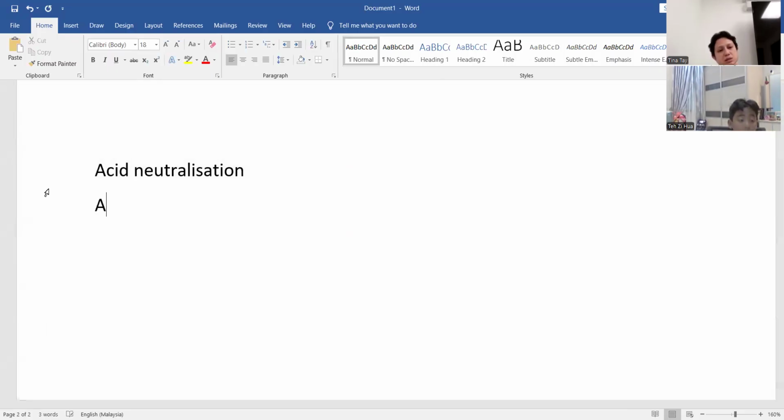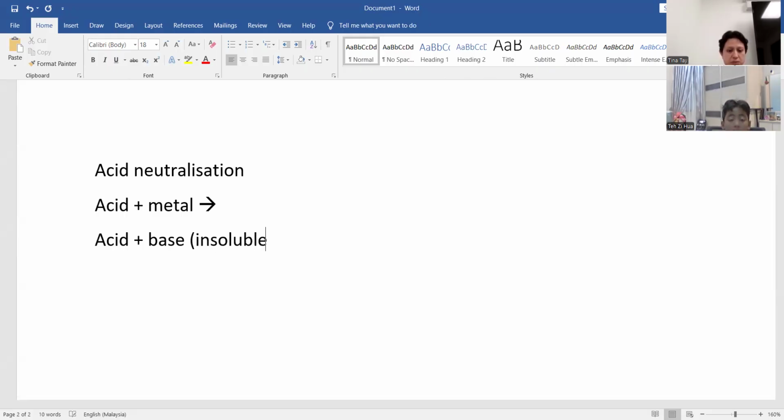Acid neutralization is acid and metal, acid and base, but this base must be insoluble. Acid and carbonate.